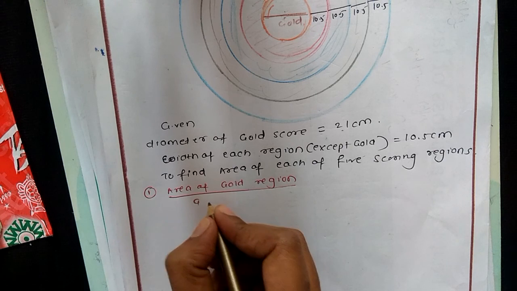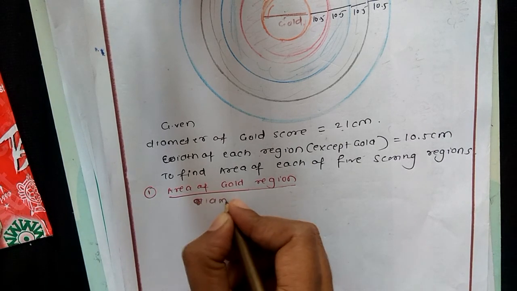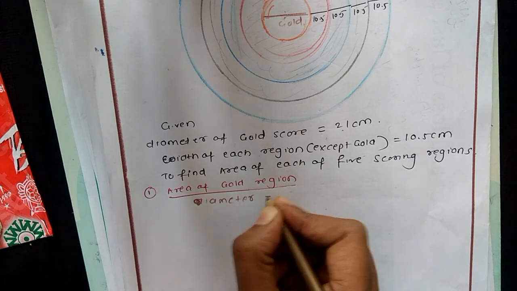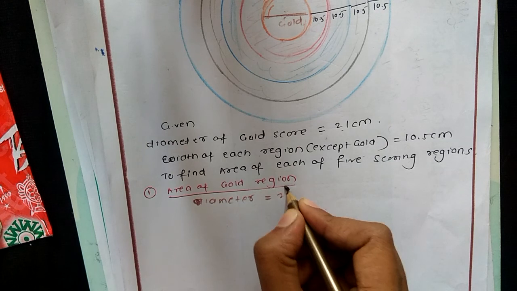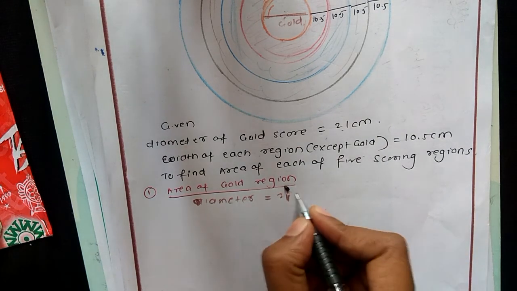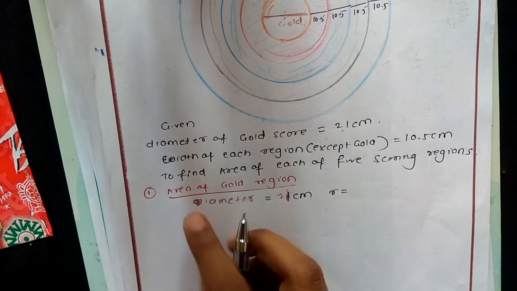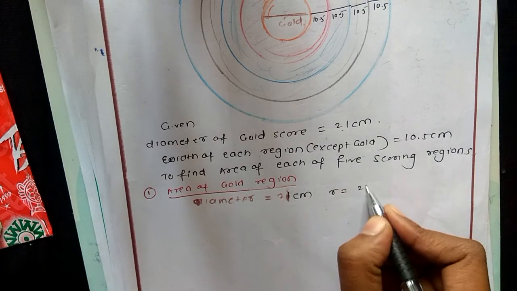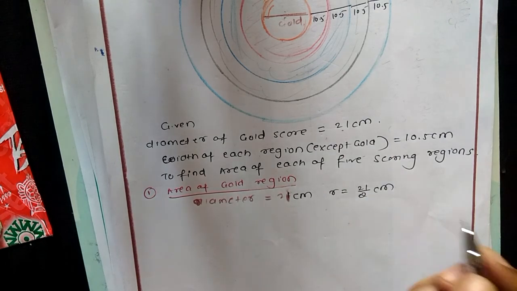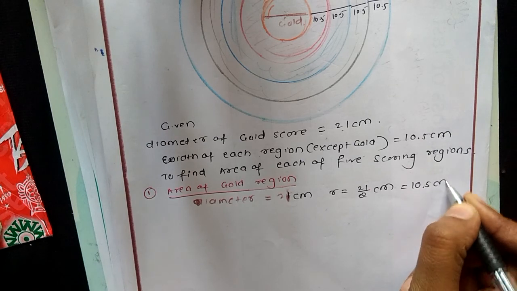Here the diameter is given, 21 centimeter. So its radius, the radius corresponding to the gold region, is 21 by 2 centimeter. You can also write this as 10.5 centimeter if you want.